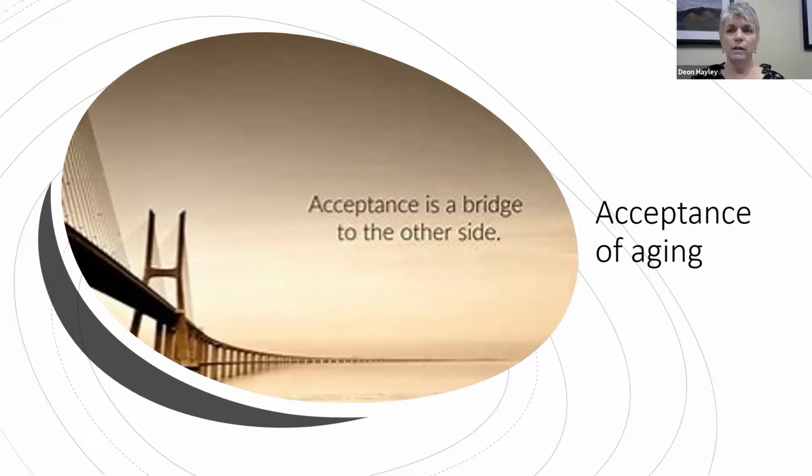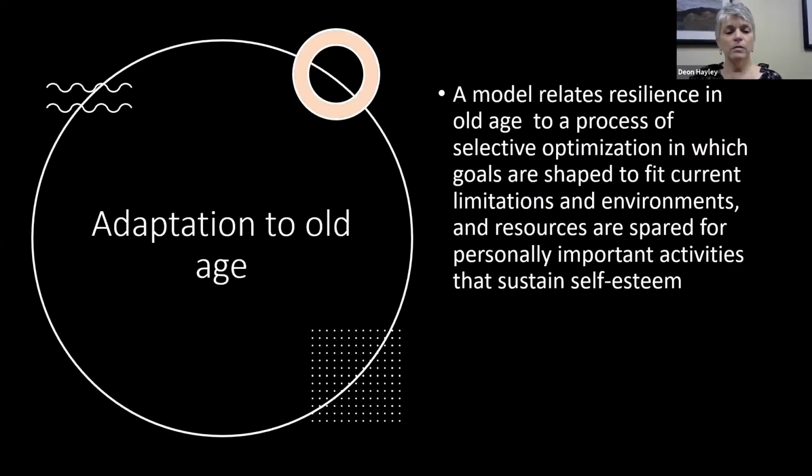Not only accepting, I think even recognizing a little younger in life, in middle age and early aging, that things are going to happen and we can adapt, right? I think the best that we can do is this adaptation. So many people do this well.